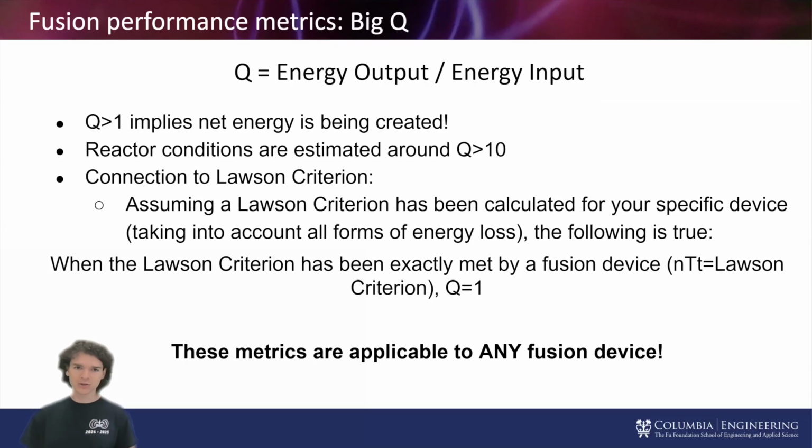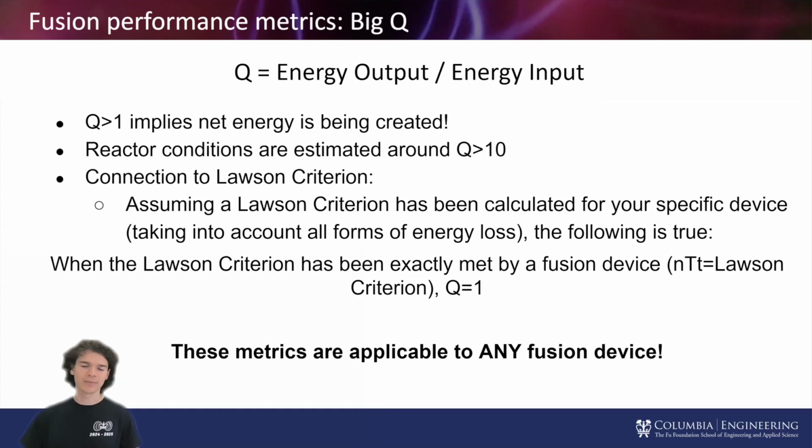The connection to the Lawson criterion is that if you are calculating the Lawson criterion for your specific device, and you take into account all the forms of energy loss that you're getting, when the Lawson criterion is exactly met, you have Q equals 1. And you can apply these metrics to any type of fusion device, whether it's magnetic or inertial. I guess these are more in the magnetic confinement ones.